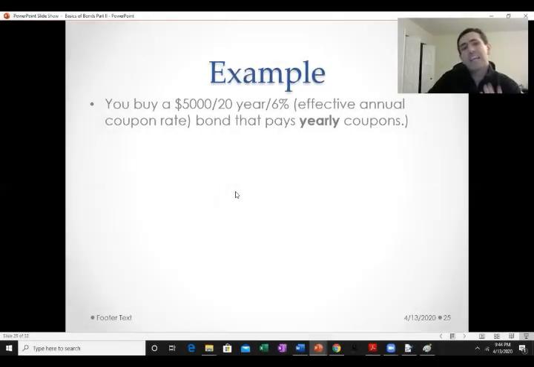Okay, let's do an example, and this is similar to 4.1.4 and 4.2.6. So this is a problem about taxing bonds, and this problem is a little bit unrealistic.